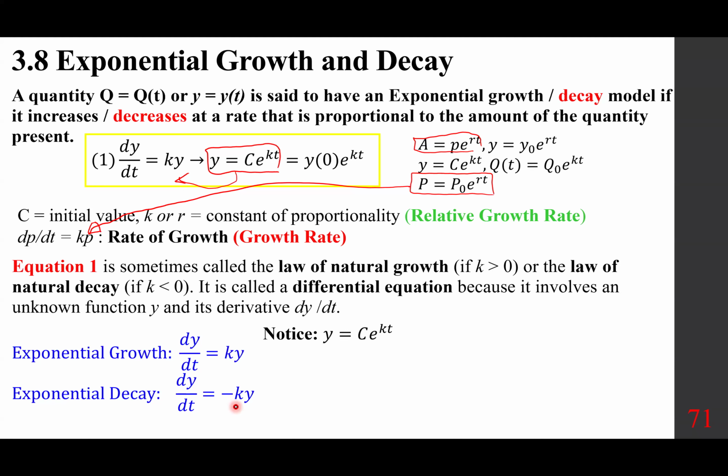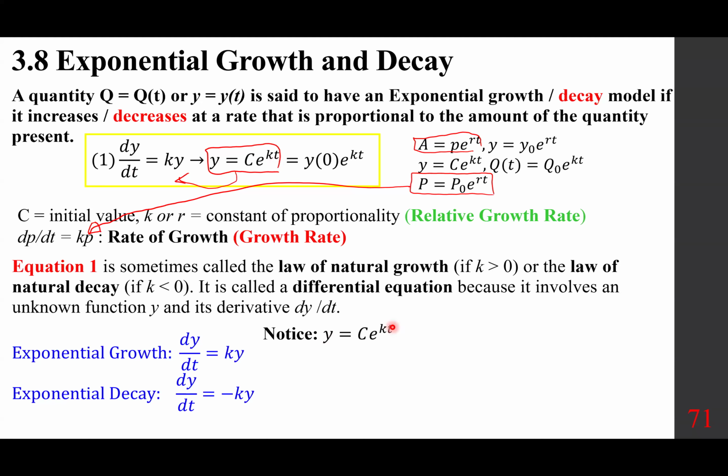And notice that y in both cases is the same, c e to the power of kt. So let's calculate dy/dt. Let's differentiate, everybody, so you see how we arrive at that. We will discuss solving differential equations later on in Calculus 2, but over here, we gave you the answer.